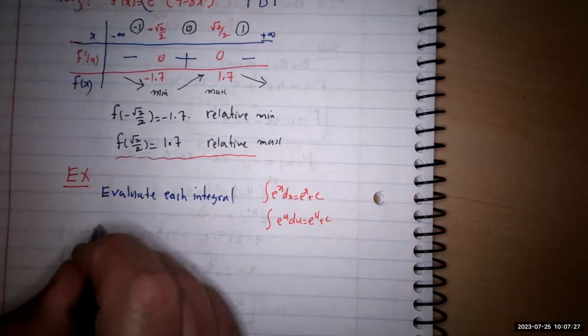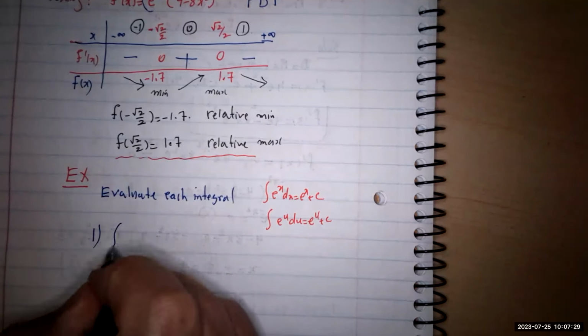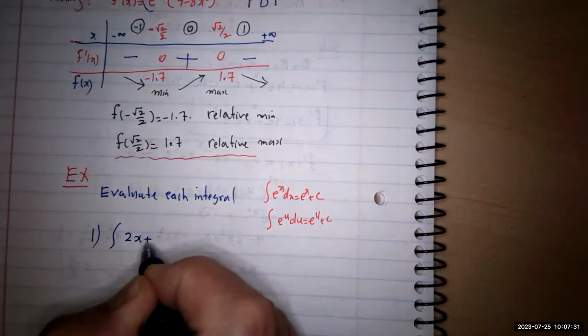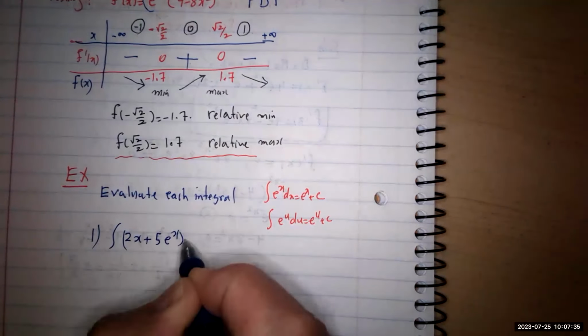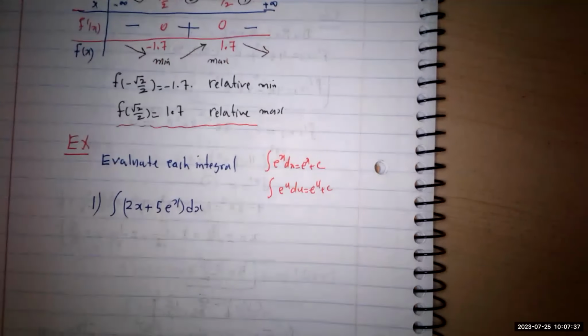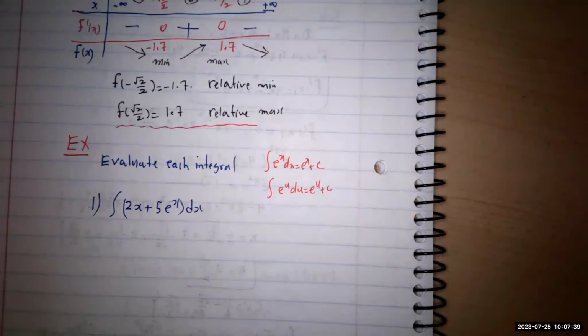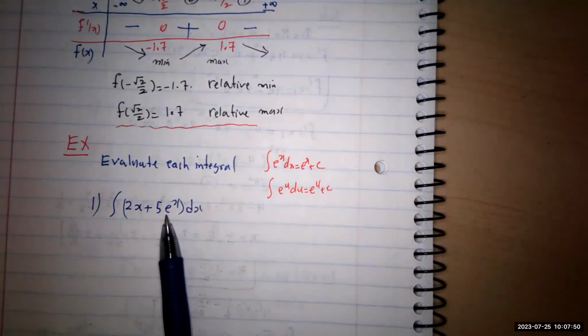Okay, the first one, very ordinary. Integral of 2x plus 5 e to the x dx. No substitution is needed. So integral of the first part is just 2x squared over 2 and 5 times e to the x.